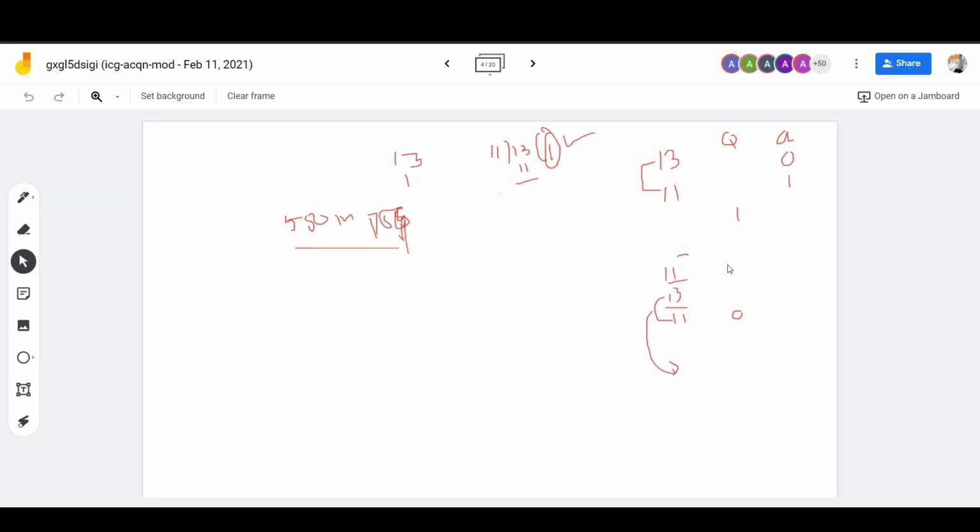And a very simple problem you can solve for your understanding. Suppose x is congruent to 5 mod 10, and x is congruent to 3 mod 11.